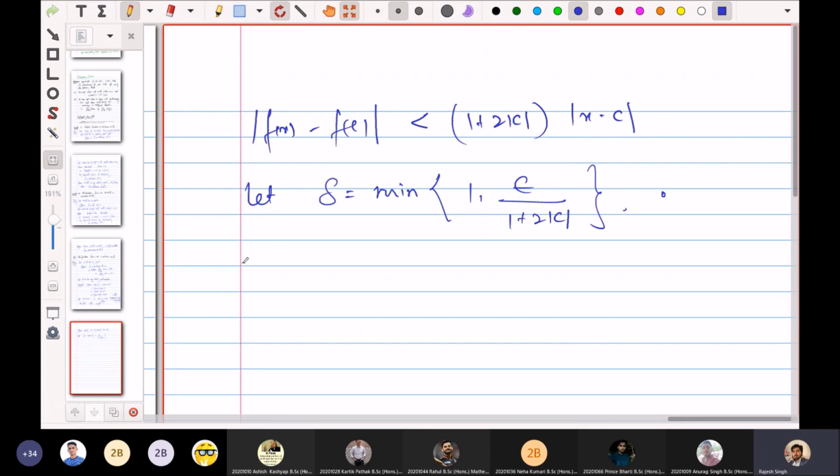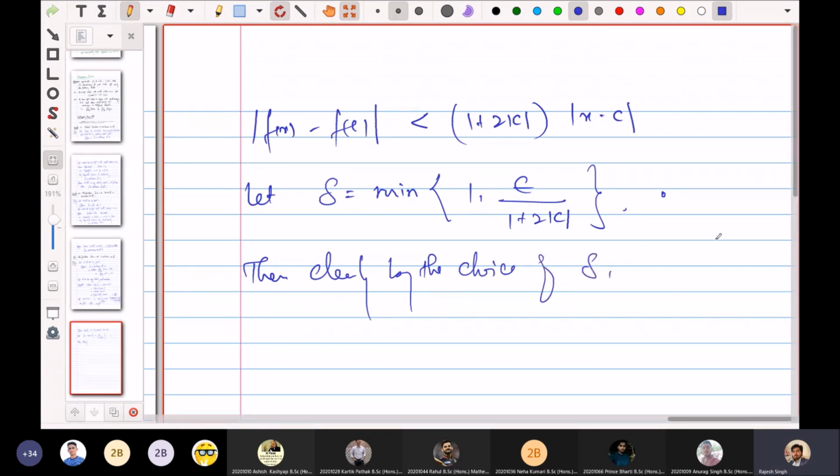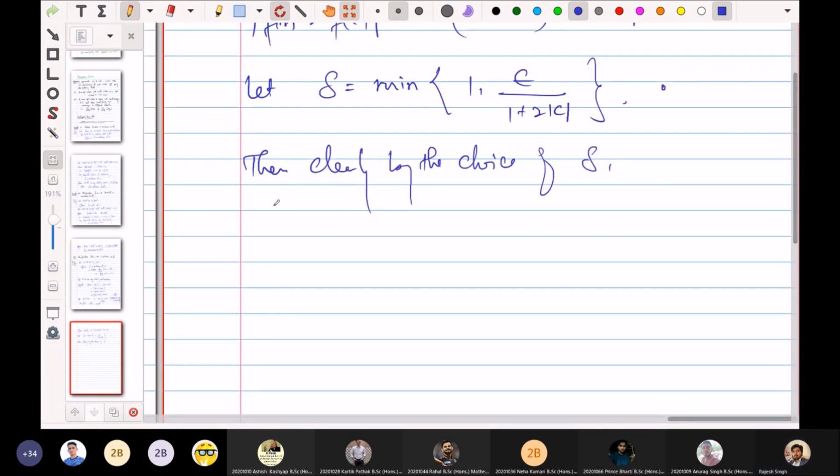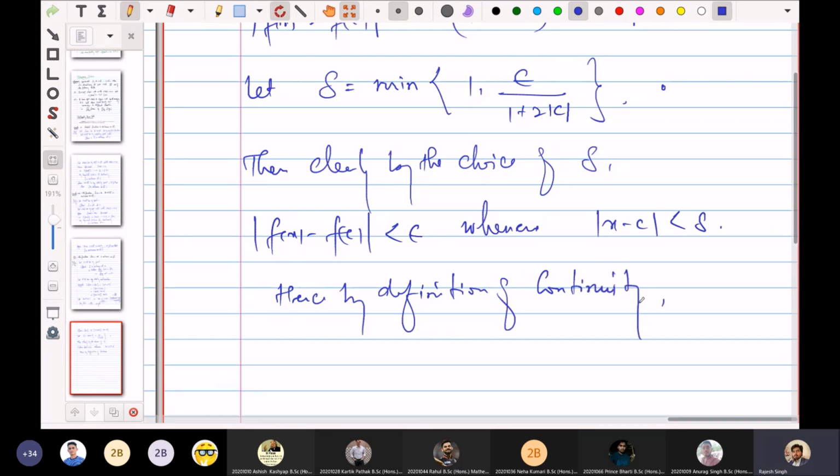Then clearly, by the choice of delta, mod f(x) minus f(c) is less than epsilon whenever mod x minus c is less than delta. Hence, by the definition of limit continuity, f is continuous at c.